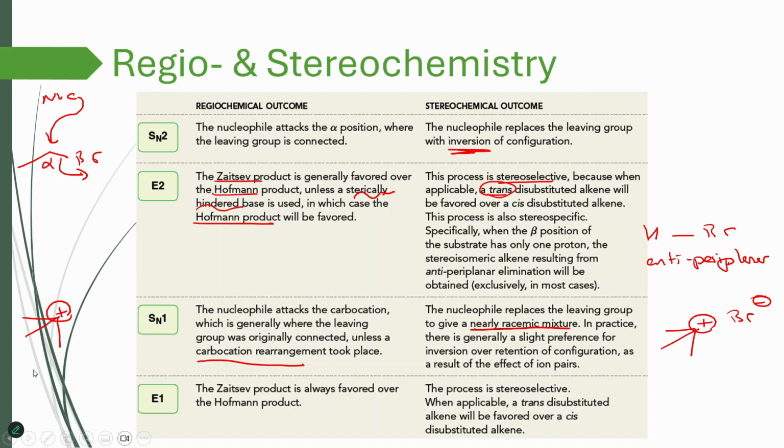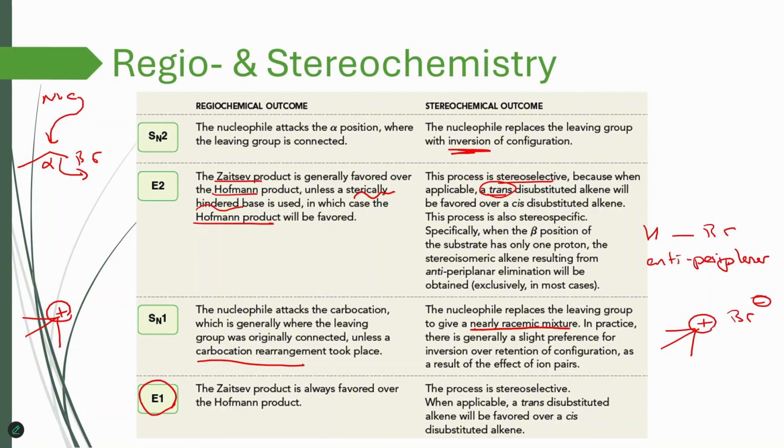And in E1, you again form a carbocation first. We haven't talked about that specifically, but you can still have Zaitsev and Hofmann products, but Zaitsev is going to be preferred over Hofmann. In E1, you don't have a lot of control over Zaitsev versus Hofmann. When it comes to stereochemistry, it's stereoselective. You always have trans favored over cis.